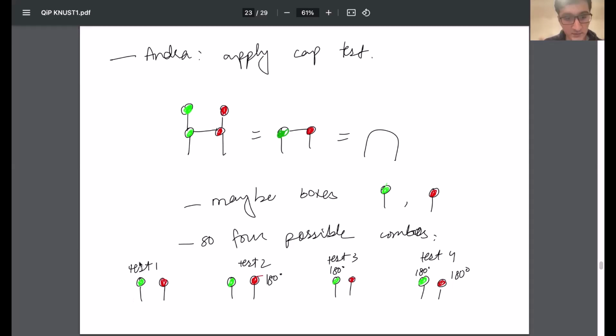State 1 is when you have no error. State 2 is when you have an error in the red spider. State 3 is when you have an error in the green spider. And if you have errors in both spiders, these errors are basically phases, then you have state 4.